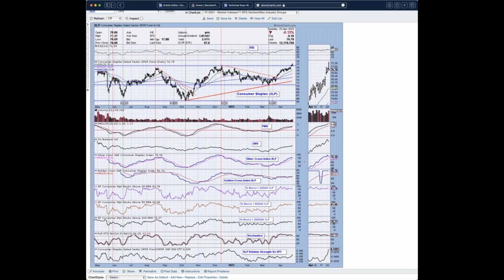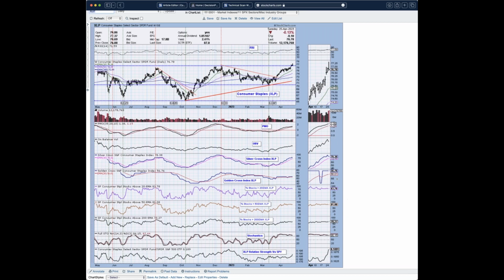So we don't want to read too much into this topping SCI, particularly because these percentages of stocks above their 20 and 50 are higher than that percentage. So there's still a good chance that the Silver Cross could continue to rise at this point.